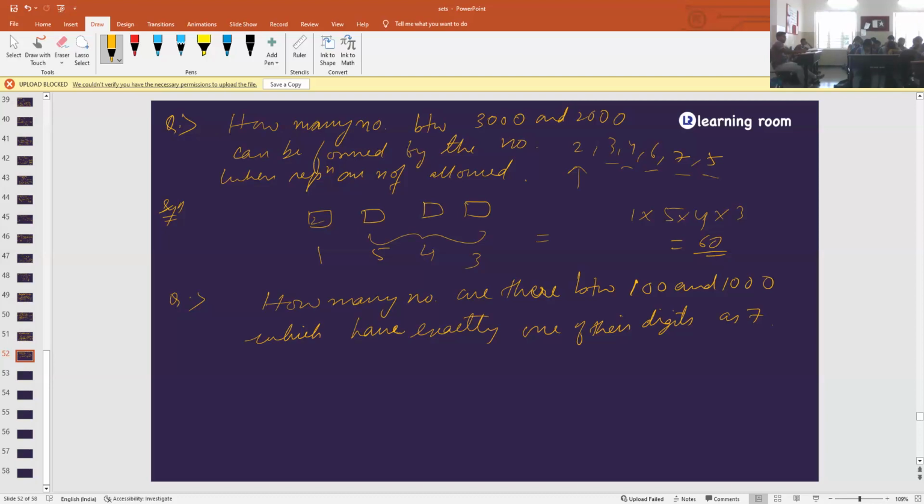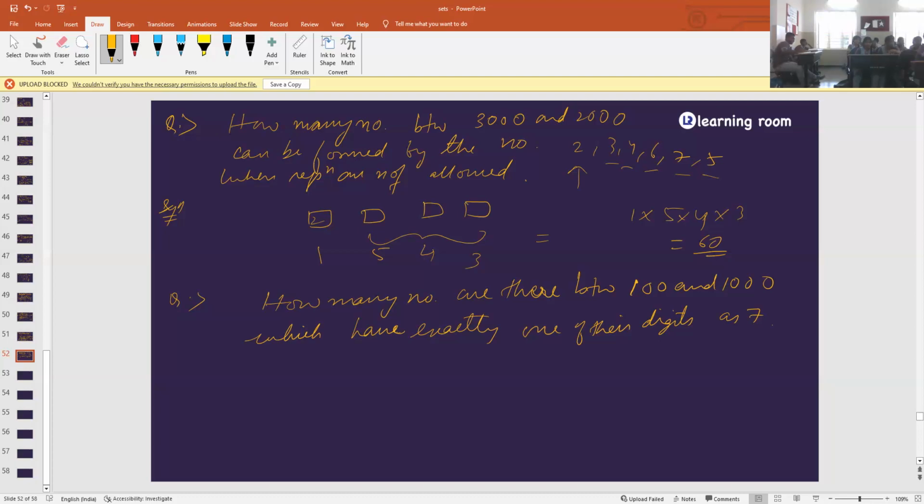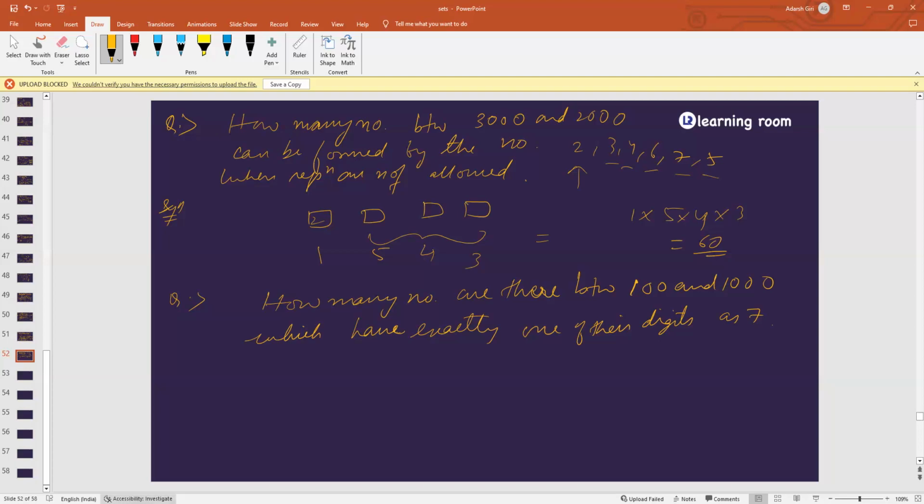One of the answers, I don't know who said that, was nearly close to the exact answer. Who said 216? That is nearly close to the answer, very much close. Now don't go for random guesses like 215, 217.